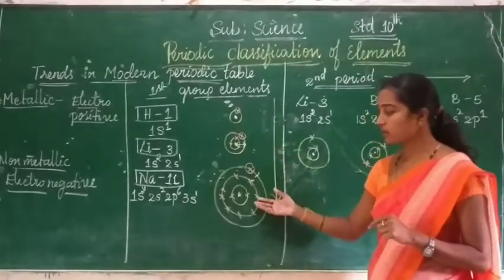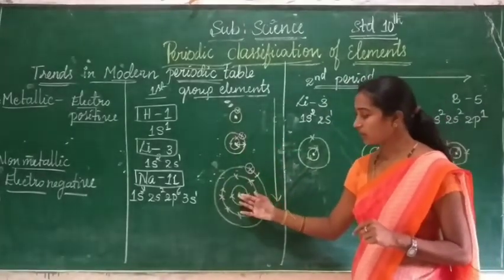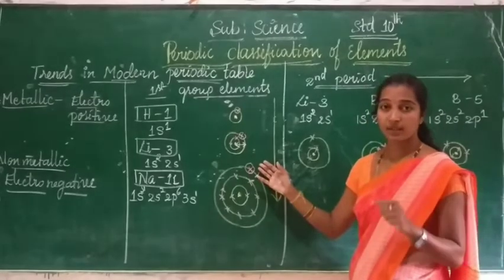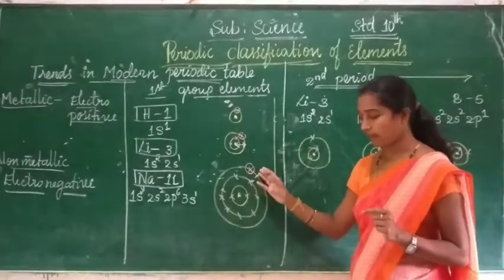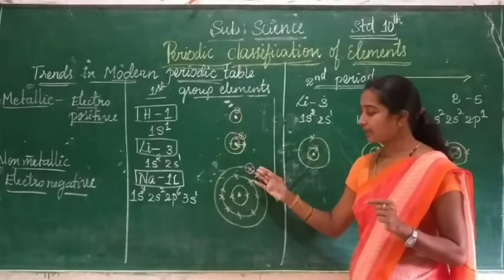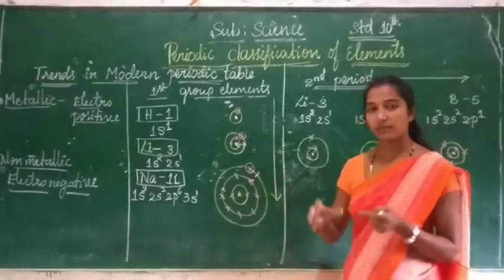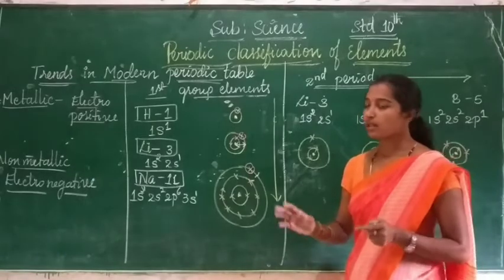Now compare to sodium. Observe the distance from the nucleus to the outermost electron. The outermost shell electron distance is high. This electron is removed by the atom very easily. Here, what happens?